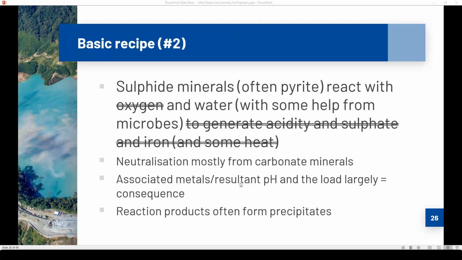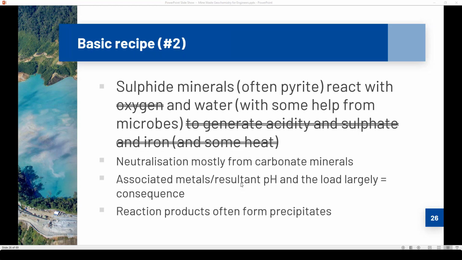So circling back to the basic recipe, what we're trying to do here is eliminate the oxygen part of that recipe. And if we can eliminate the oxygen, then we can prevent the sulfide minerals from reacting.